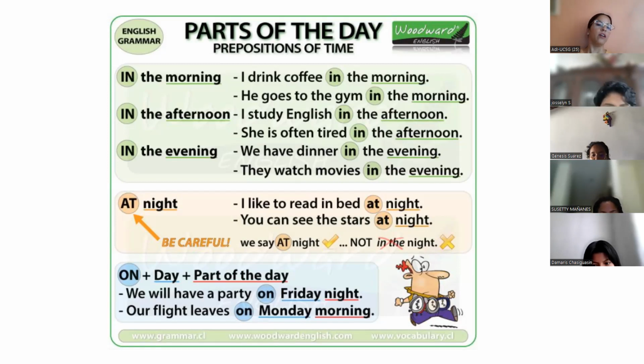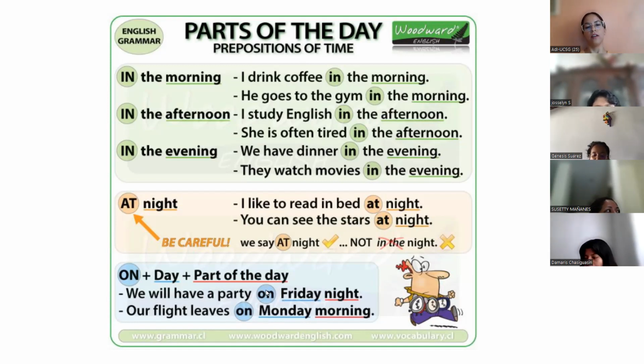What else? Okay, on plus a day of the week plus part of the day. Example: we will have a party on Friday night. You want to be more specific, to say what part of the day you are going to have the party.